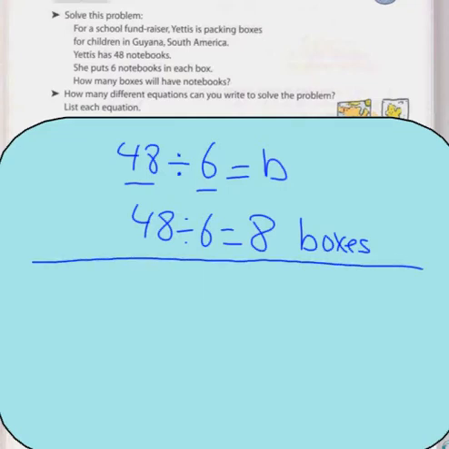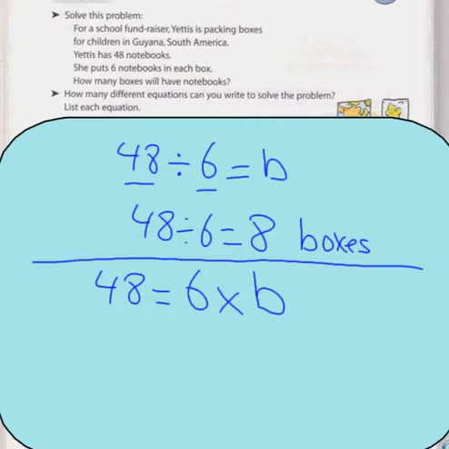If I said to myself, well, I've got 48 total, and that's equal to 6 notebooks times an unknown number of boxes. So I'm using my variable again, because I don't know what B is yet, although I've already solved it before, so we do know what it is, but I'm just going through the motions here.